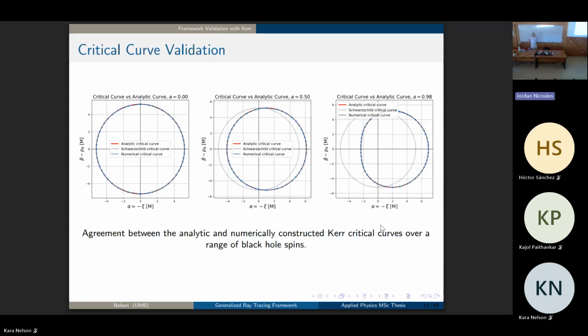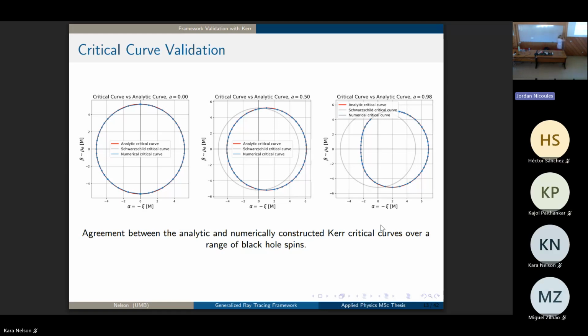Okay, so now we're going to go into some validation results. We started with Schwarzschild and Kerr, just to make sure that our code is working for the easy cases. You can see critical curves: in blue the ones that our framework reproduced, Schwarzschild in gray, and the analytical critical curve in red.